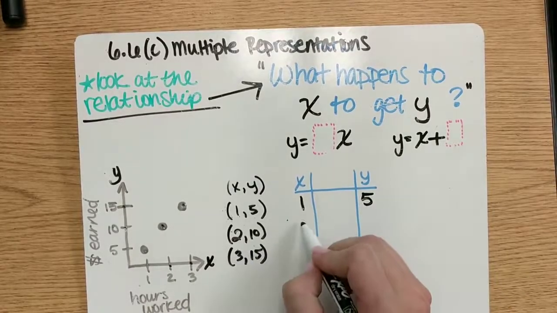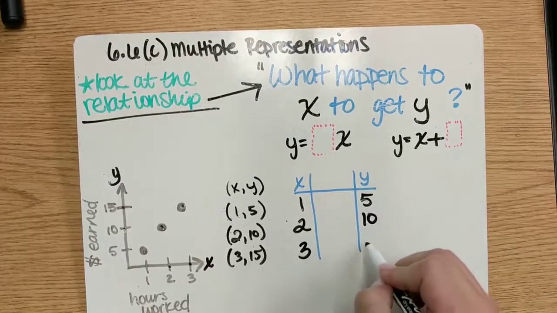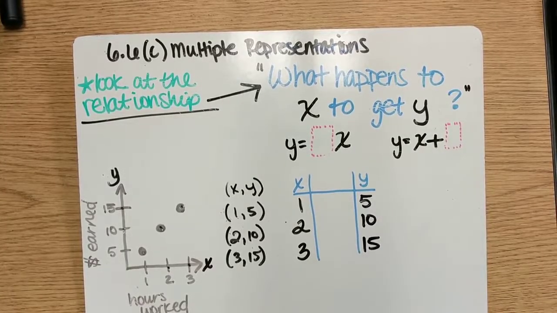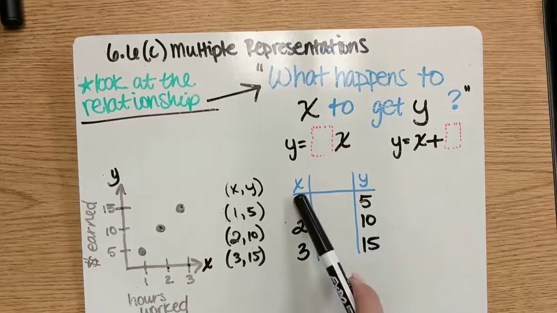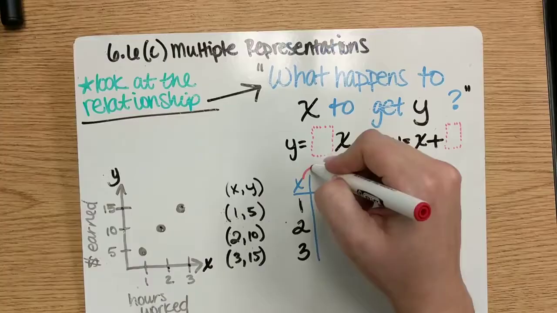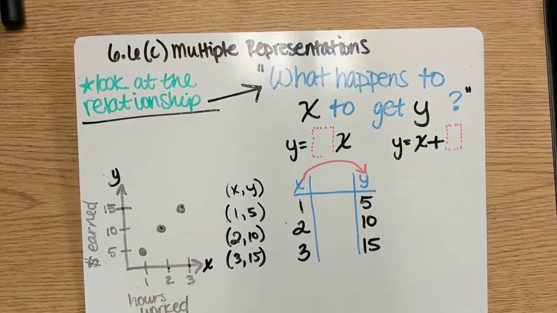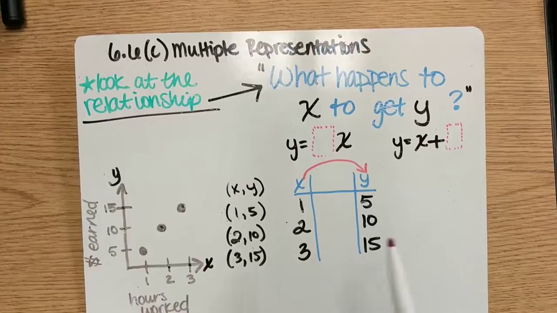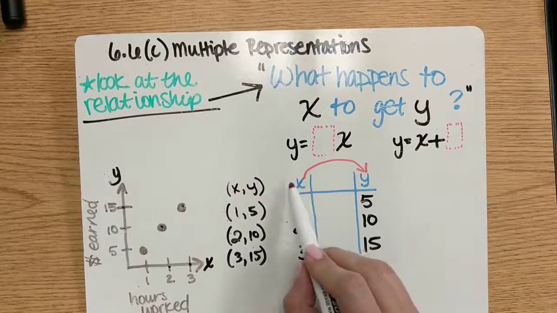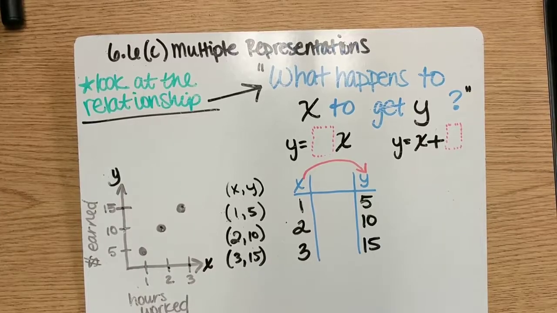My second ordered pair was 2, 10, and my third ordered pair was 3, 15. Now I'm wanting to know, what is happening to x to get to the y? Something's either being multiplied to the x to get to the y, or it's being added to the x to get to the y. And it's always going to be the same thing, no matter what the x is. Whatever x we get, we have to do the same thing to get to the y.